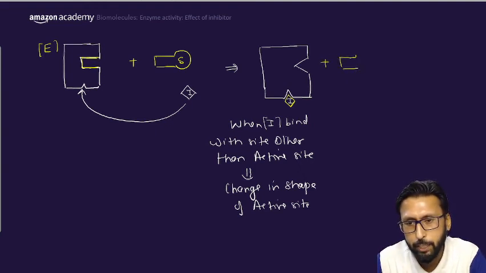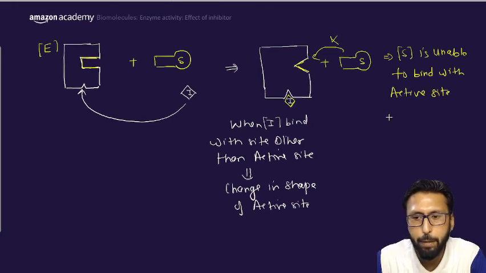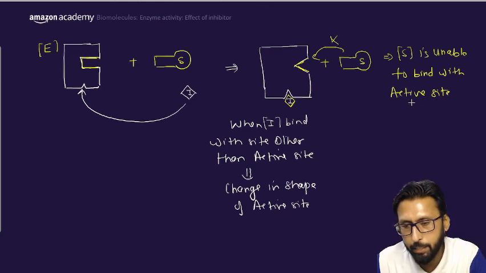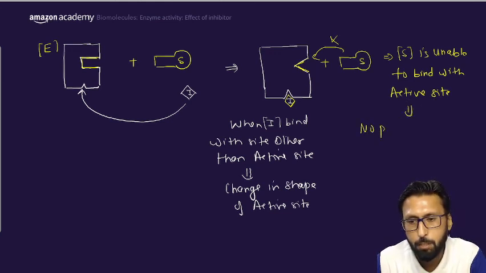As you can see, the shape of the active site has been changed and now it can no longer bind. So the substrate is unable to bind with the active site, and no product is formed.